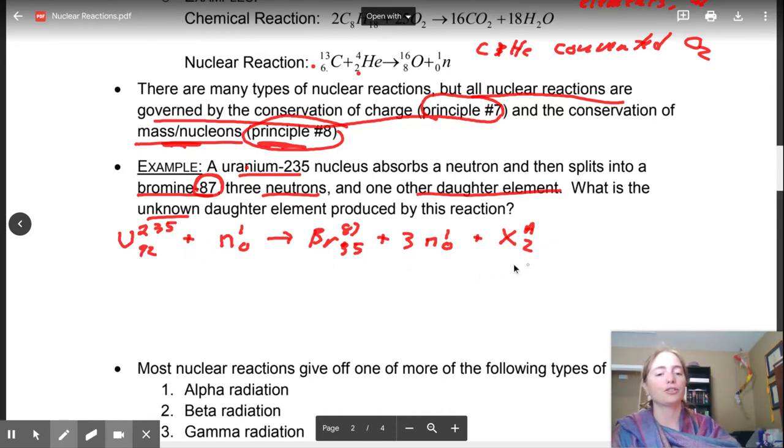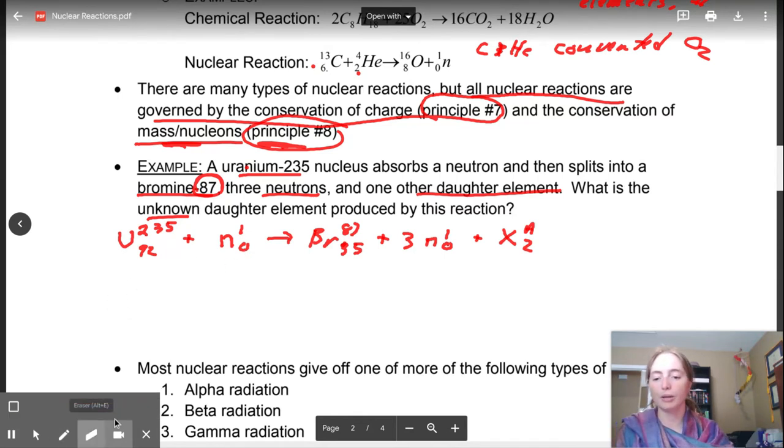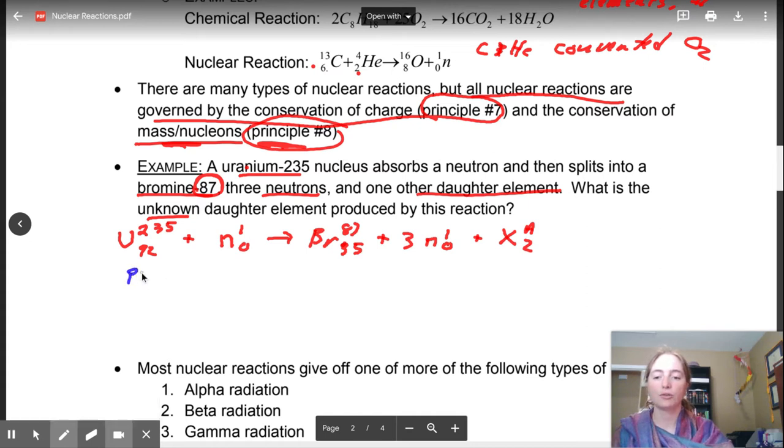The conservation of charge and nucleons means the charge on each side has to be the same, and the number of nucleons has to be the same. I've got 92 protons here and none here. I'm going to use blue to represent my protons. On this side of the arrow I have a total of 92, which means on this side I have to have a total of 92.